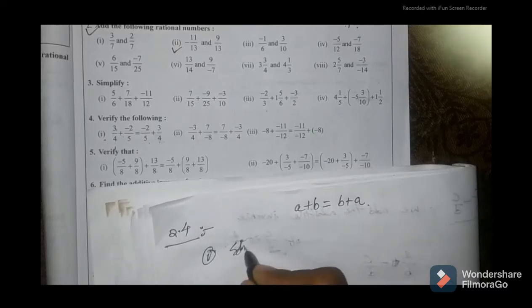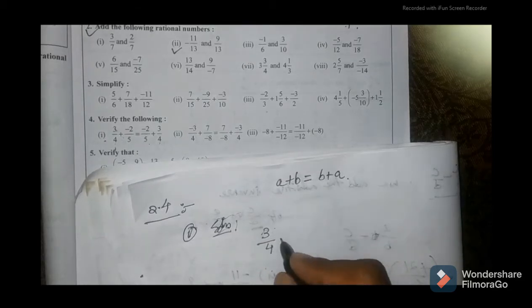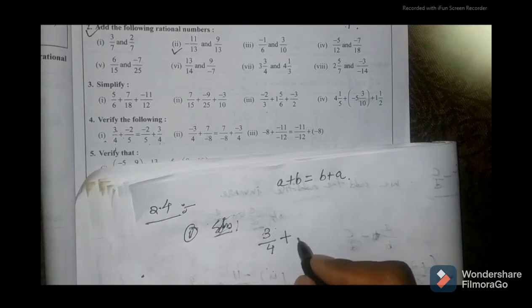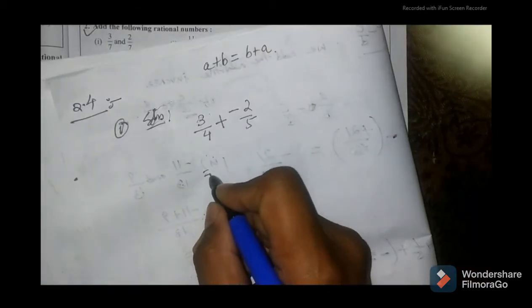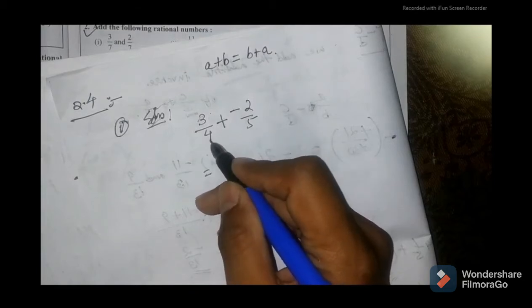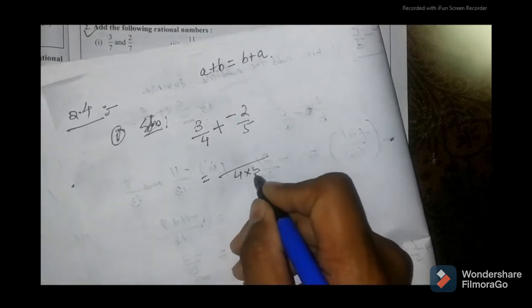Now question number 1 solution. 3 by 4 plus minus 2 by 5. We are solving the left hand side. Since the HCF of these two numbers is 1, their denominator will be 4 into 5.